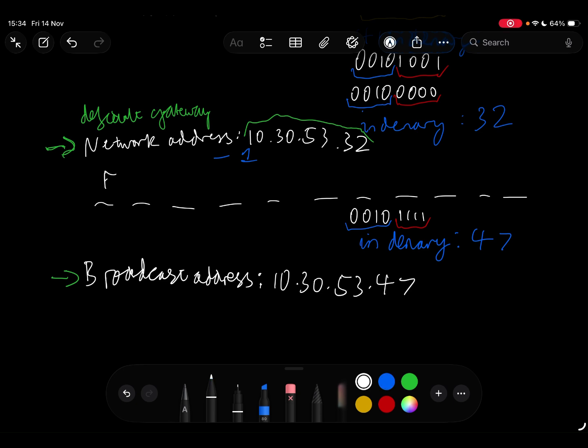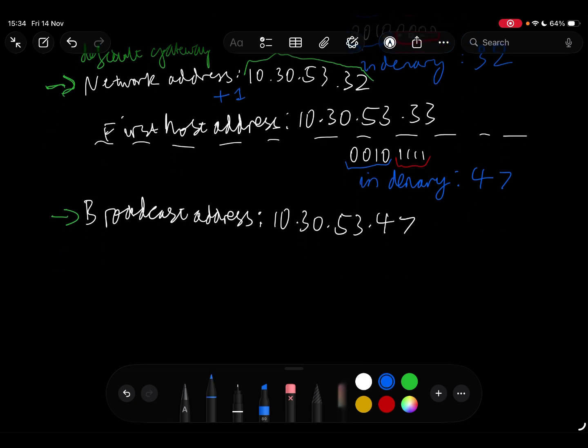So the first, sorry, we're going to be adding 1, my bad. Plus 1. First host address is going to be 10.30.53.33. So we add 1.